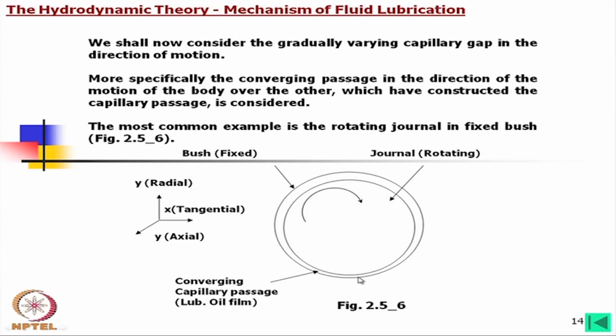We will consider in the direction of motion x is positive and y is along the radial direction, that means in the direction of h, the film thickness. Sorry, this will be z, there is a mistake; z is the axial direction along the shaft.